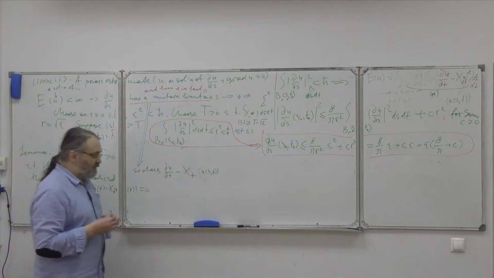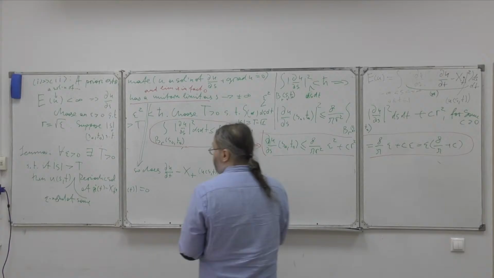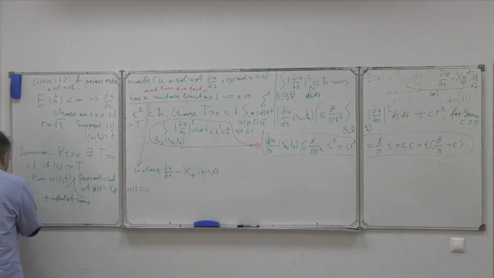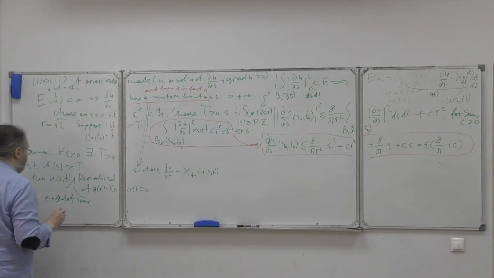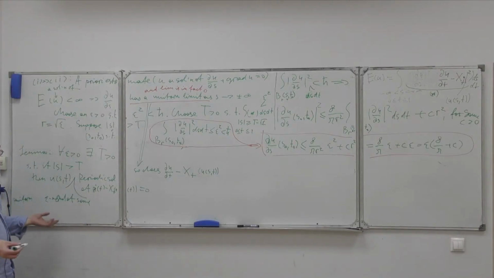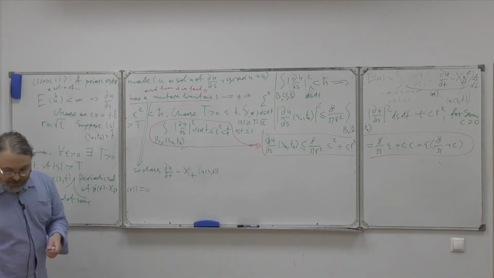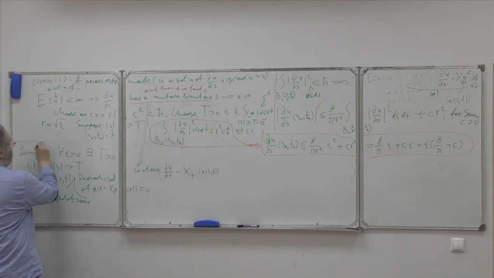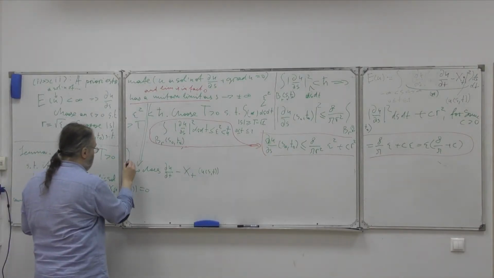Okay, so the epsilon neighborhood in the uniform sense, uniform in T. And so for every epsilon there exists a T greater than 0 and so on. So this is the lemma. Let's first see why this lemma helps.